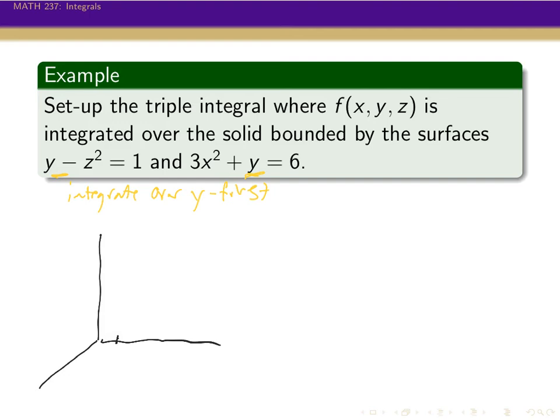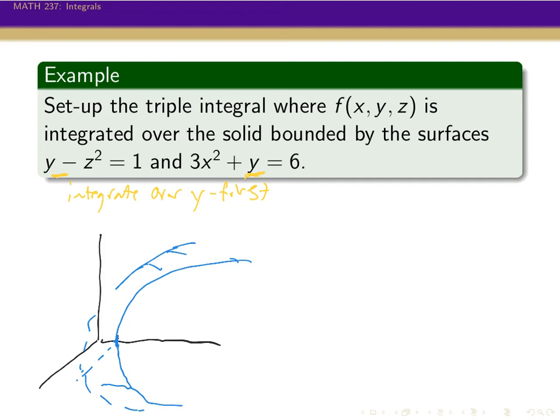On the yz plane, this is going to cut out a parabola opening up along the y-axis. And so we have this parabola on the yz plane, and then this is just going to go straight out along the x-axis. So it's just the parabola coming out.